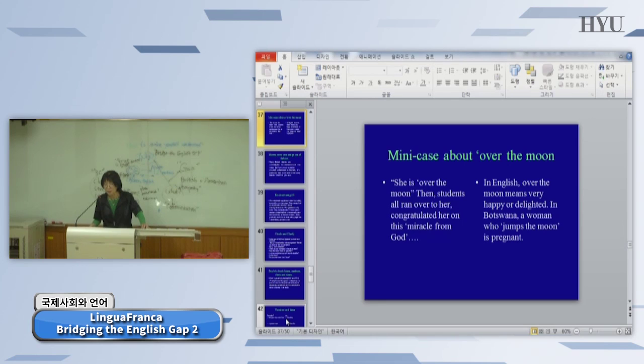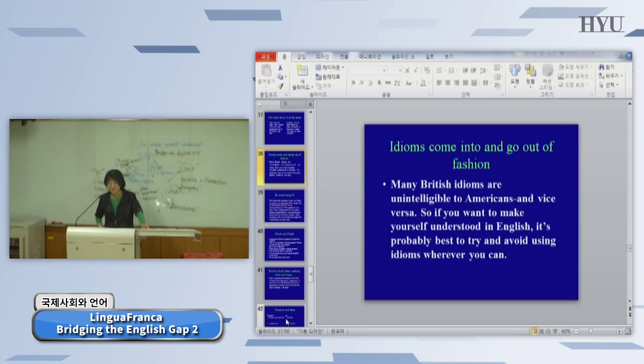In Botswana, a woman who jumps to the moon means she is pregnant. So idioms come into and go out of fashion. Many British idioms are unintelligible to Americans and vice versa. So if you want to make yourself understood in English, it's probably best to avoid using idioms wherever you can.